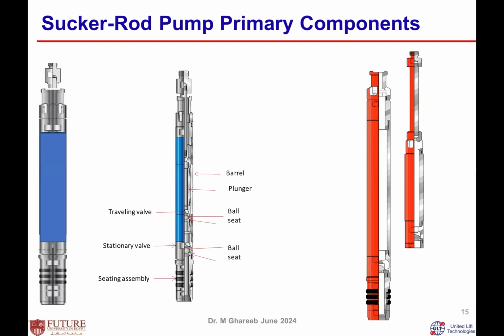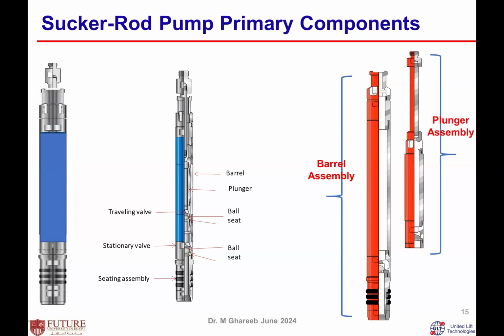But if we start to divide the pump, we divide it into 2 main components. The outside of the pump, the shield of the pump, is called the barrel assembly, the part you see from outside. The part you do not see inside the pump is called the plunger assembly. So we have 2 main parts in the pump.